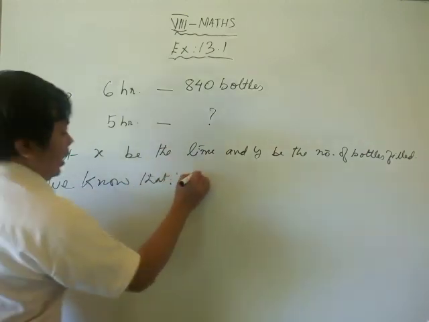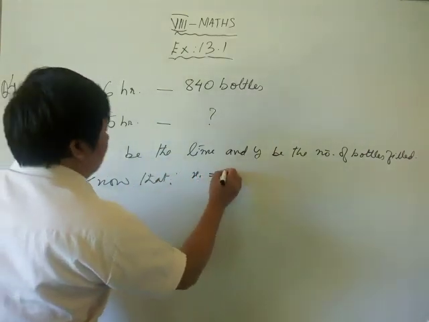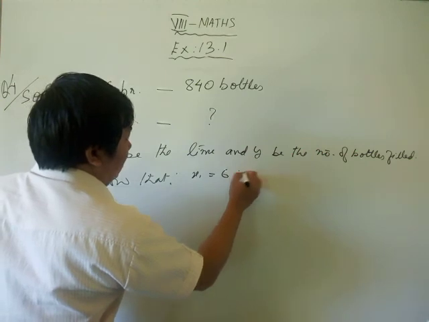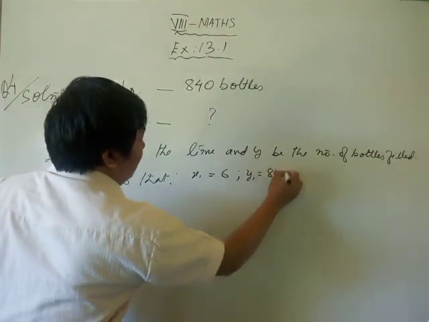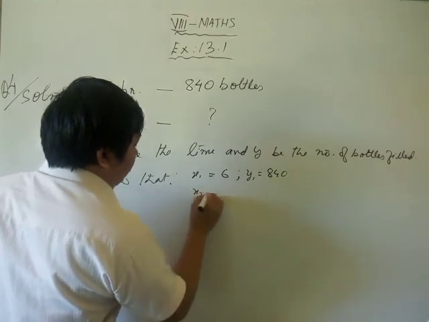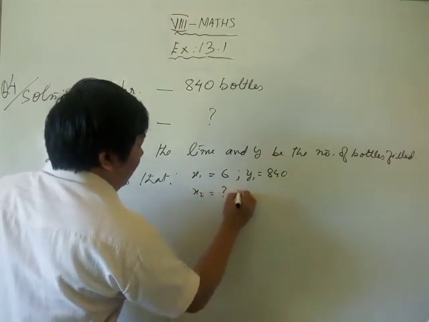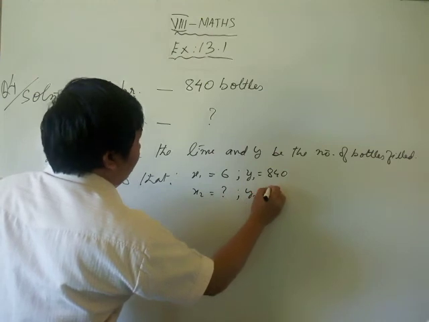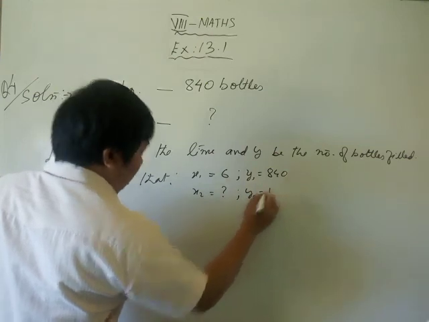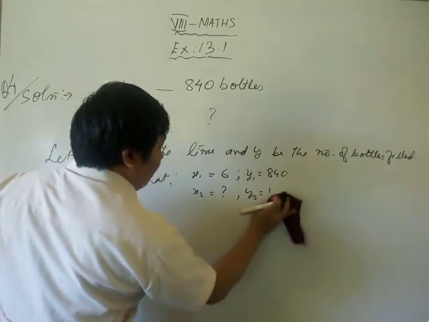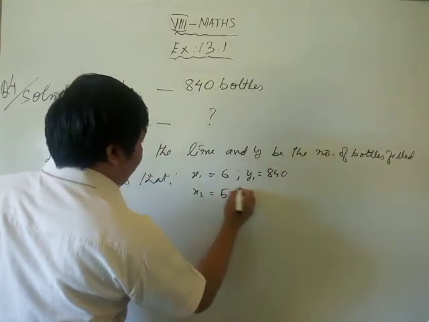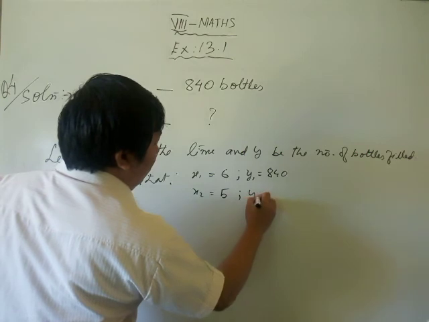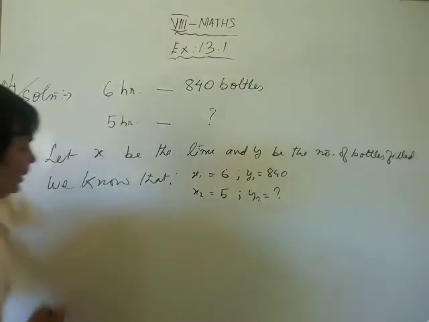We know that x1 is equal to 6, then y1 is equal to 840. Then y2 is what we have to find out, and x2 is given here as 5 hours. We find out the y2 here, the number of bottles.